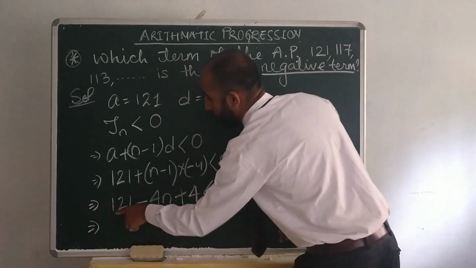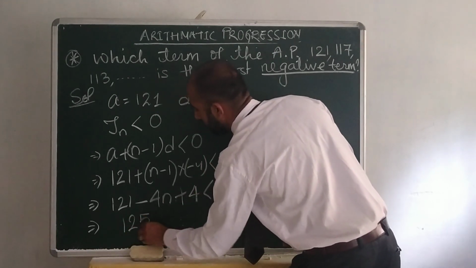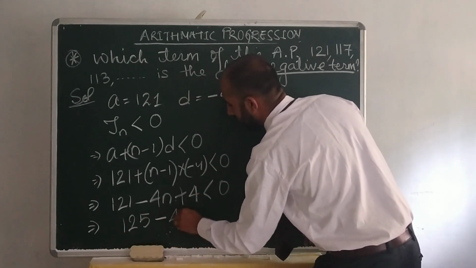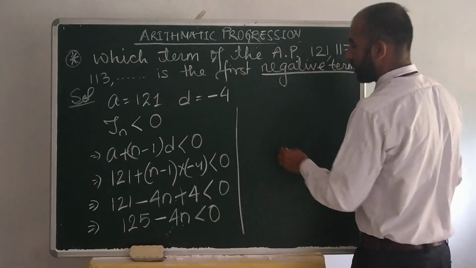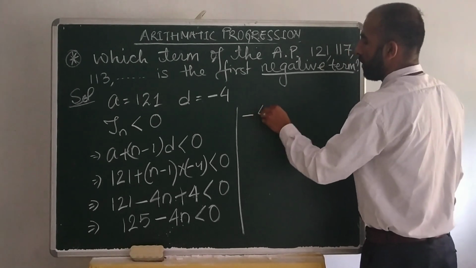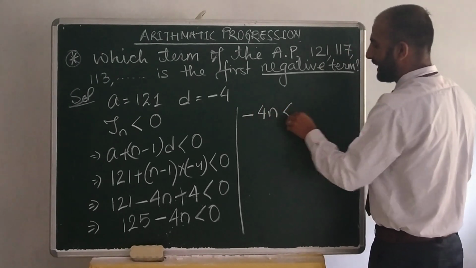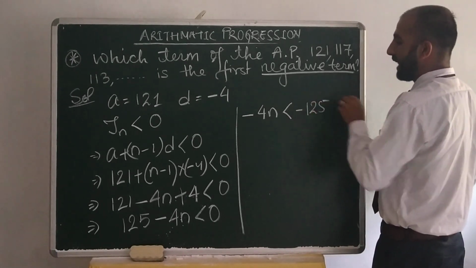So 121 plus 4 will give you 125 minus 4n is less than 0. Okay, so I'll bring this to the other side. So minus 4n is less than minus 125.